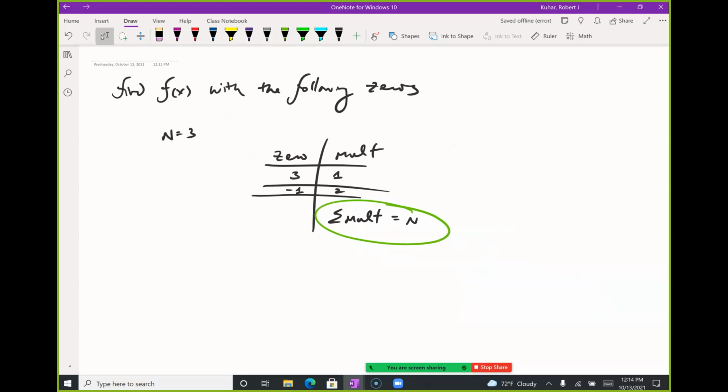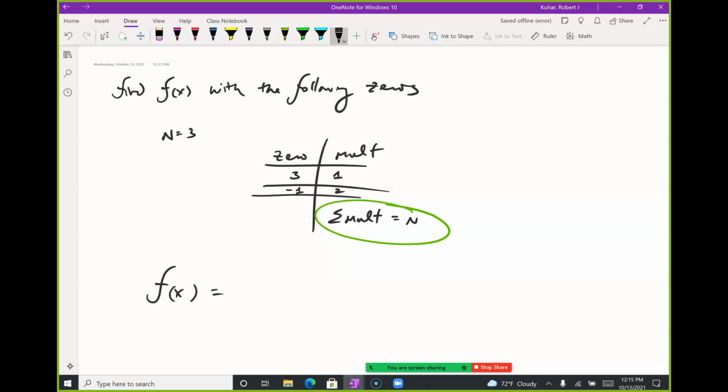No, just you made it clear that the sum of the multiplicities is equal. Okay. Yeah, for us, I'm going to make sure that you don't have complex zeros. So we might see one today with complex zeros, and then the sum of our multiplicities will be at most n, right? At most n. But if I have all real zeros, it will be equal to n.